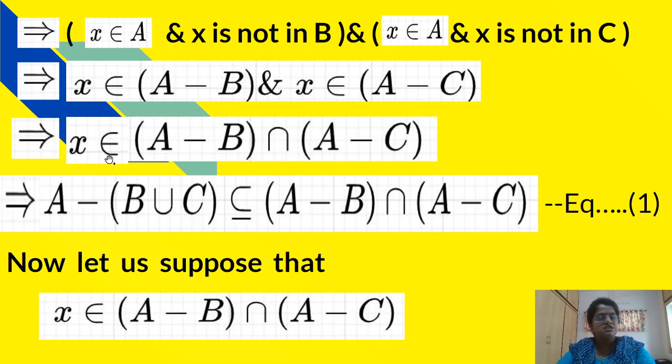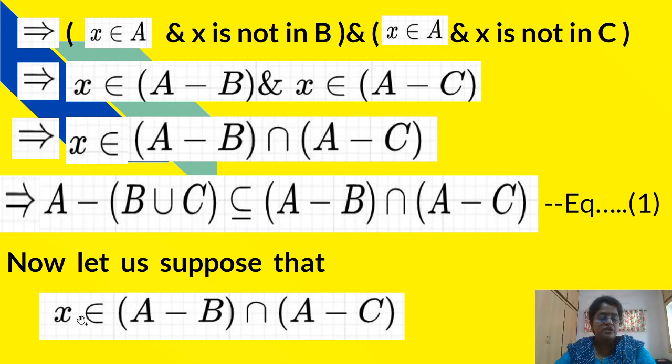That is, X belongs to (A minus B) intersection (A minus C). That is, we started from X belongs to A minus (B union C), and we came to the conclusion that X belongs to (A minus B) intersection (A minus C). That is, we can say that A minus (B union C) is a subset of (A minus B) intersection (A minus C). Suppose this is equation number 1.